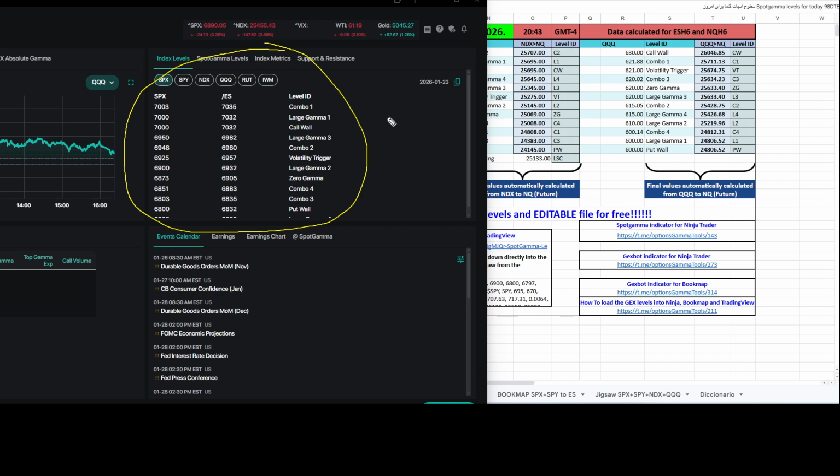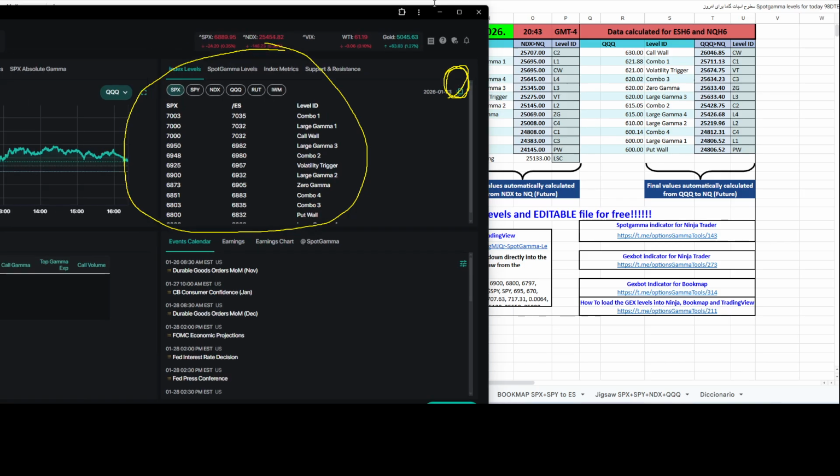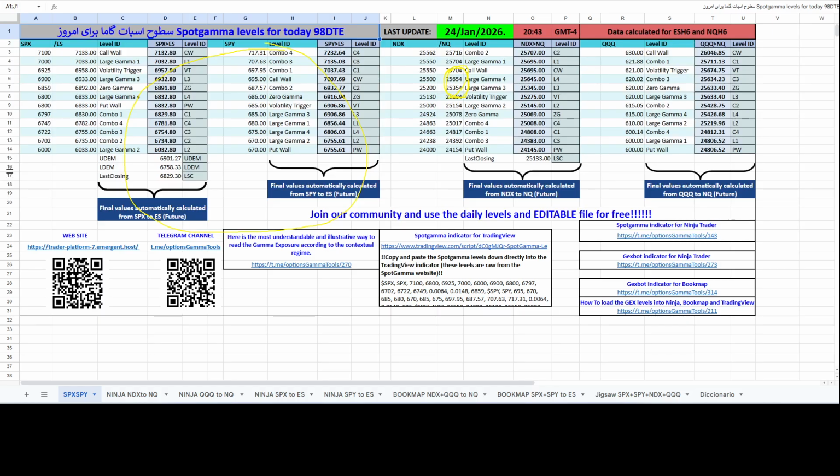All this information I copy from here and paste here in this section of the spreadsheet. Why did I paste this information here? Because some traders use this information differently from what I plot here in this section.